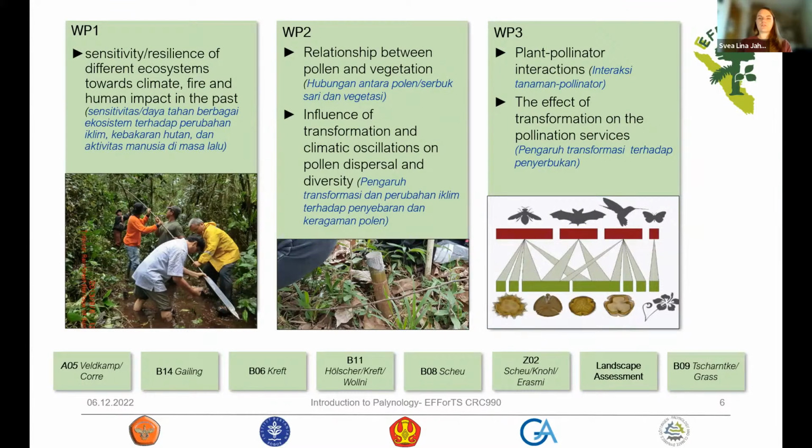In working package 3, we mostly study plant pollinator interactions. This is more collaboration with other projects. We just do it as a side project, let's say, studying also the effect of transformation on pollination services. And we work together with a lot of the other sub-projects of this big collaboration. Below are just some examples.